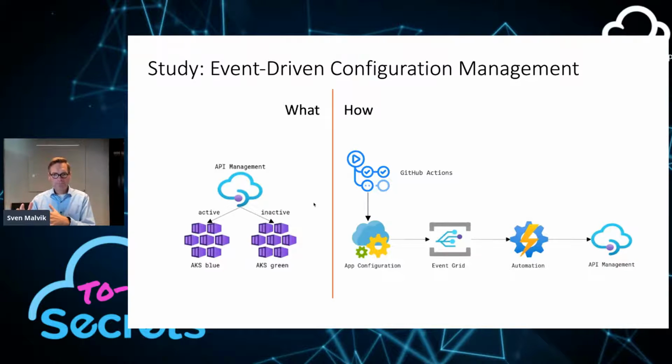In API management, you can do this as well. It's called named values, not properties. They call it named values. And then you can set a green and a color, basically. But we would like to have this fully automated. We have infrastructure as code.